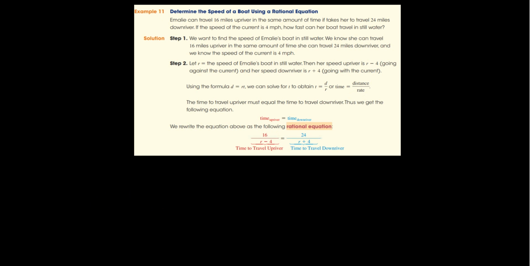And then the distance here, 24 miles, divided by the rate going downriver is r plus 4. So this, again, is just a manipulation of my distance equals rate times time, and that's really it. You solve, obviously, we multiply by the least common denominator on both sides and proceed from there.